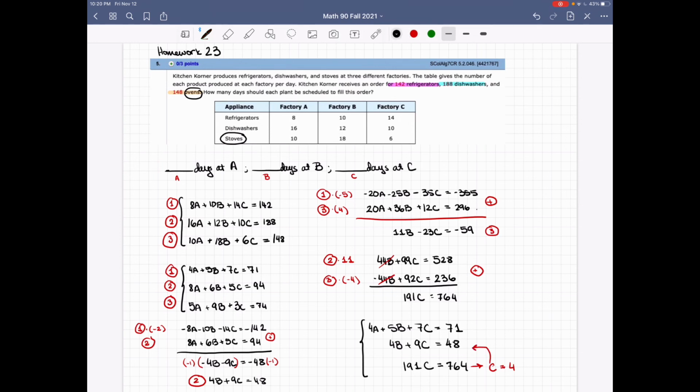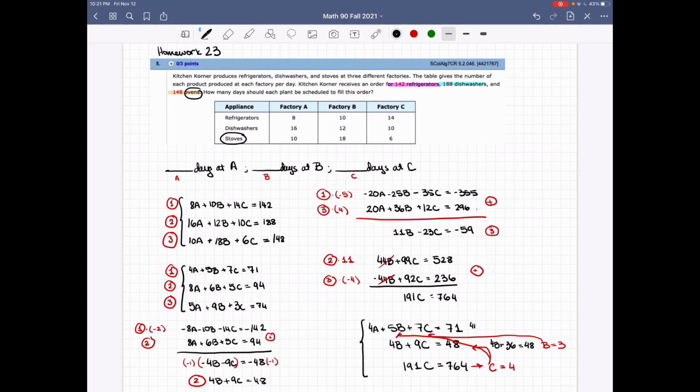So we'll have 4b plus 9c. c is 4, so 9c is 36, is equal to 48. We'll subtract 36 from both sides. We get 4b is equal to 12, so b is 3. Now that we have b is 3 and c is 4, we'll plug 3 in for b and 4 in for c in the first equation.